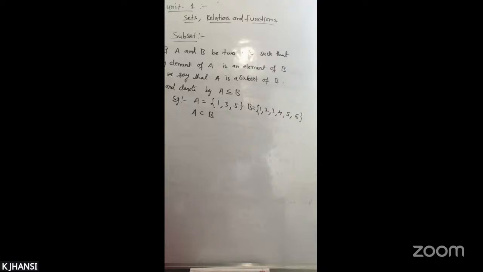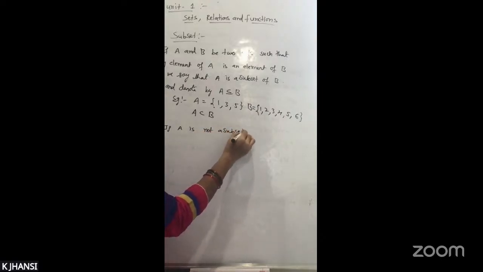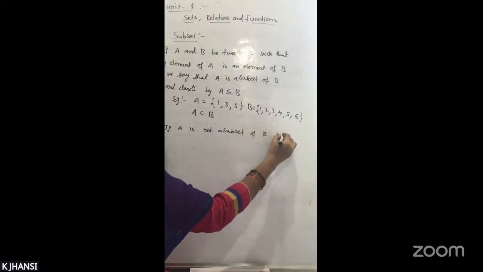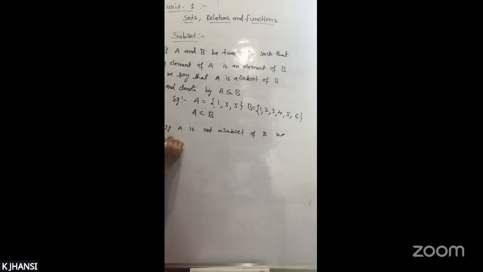So if A is not a subset of B, we'll represent it with a symbol you also see in some theorems: A is not a subset of B, we write it like this.